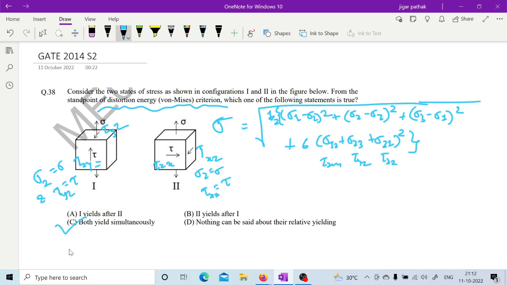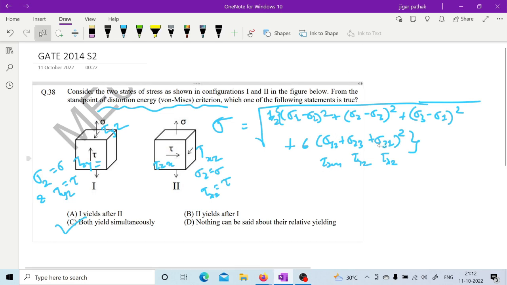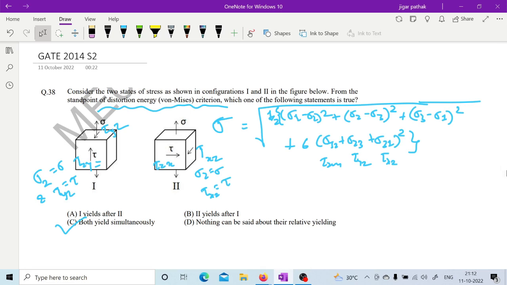Yes, sir. But sir, this term, sigma 12 plus sigma 13, was not in the proof at all. Yeah, so we have not considered that, but actually it is there when we consider shear stress also. We have not considered this while deriving this, right? Because we have specifically considered only the biaxial state of stress.